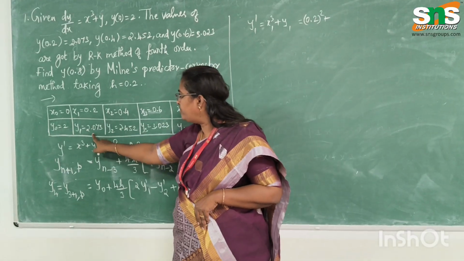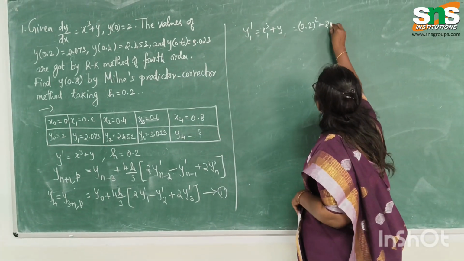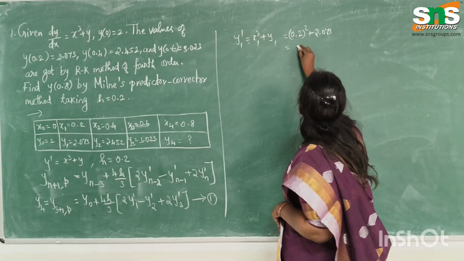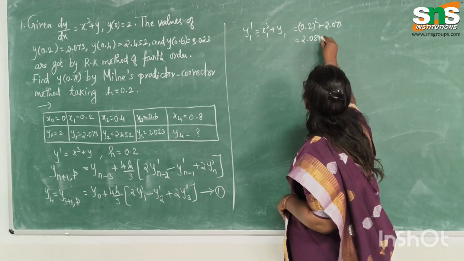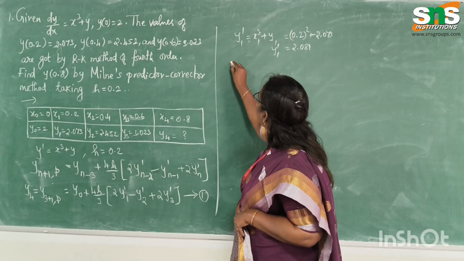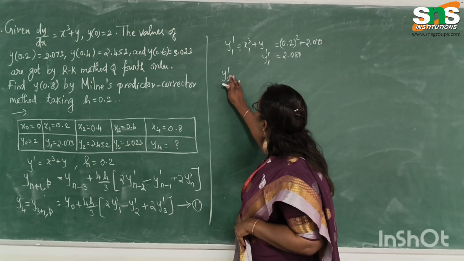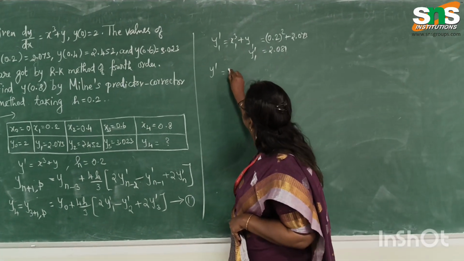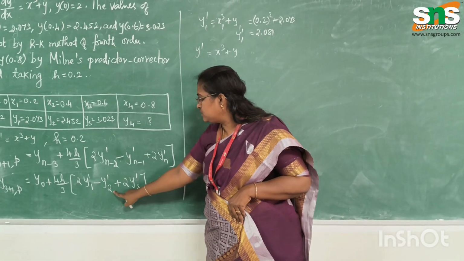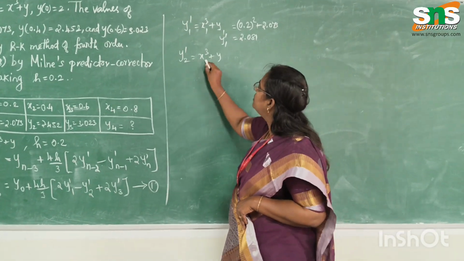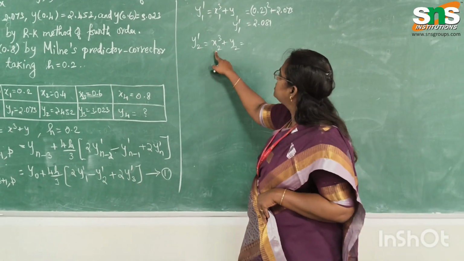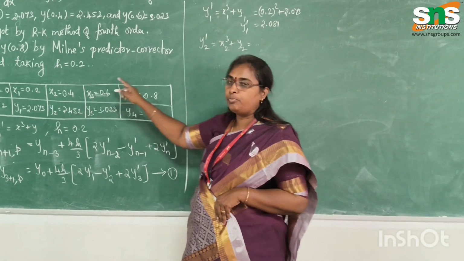The corresponding y1 value is 2.073, so the result is 2.081. This is the y1 dash value. Then y2 dash: again we write the formula x cube plus y, and put y2 for the y terms and x2, which is 0.4, for x.